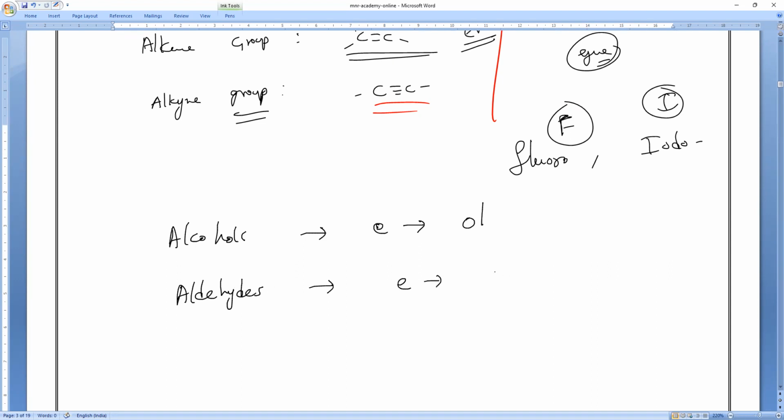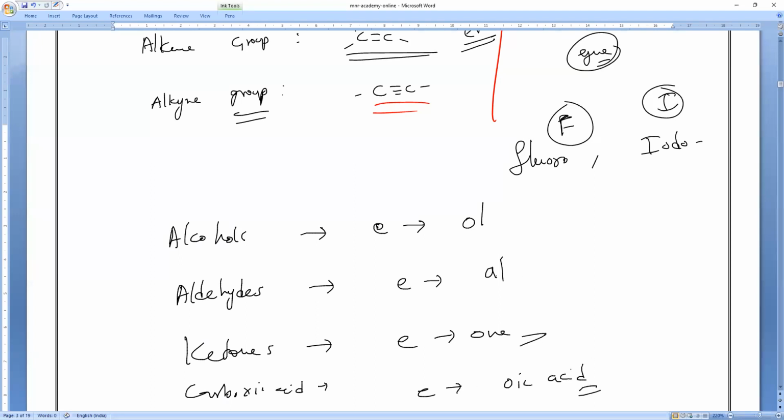Aldehydes, E will be replaced with what? AL. Ketones, E will be replaced with ONE. Next, carboxylic acid, E will be replaced with OIC acid. These 4 things also you are not able to learn.